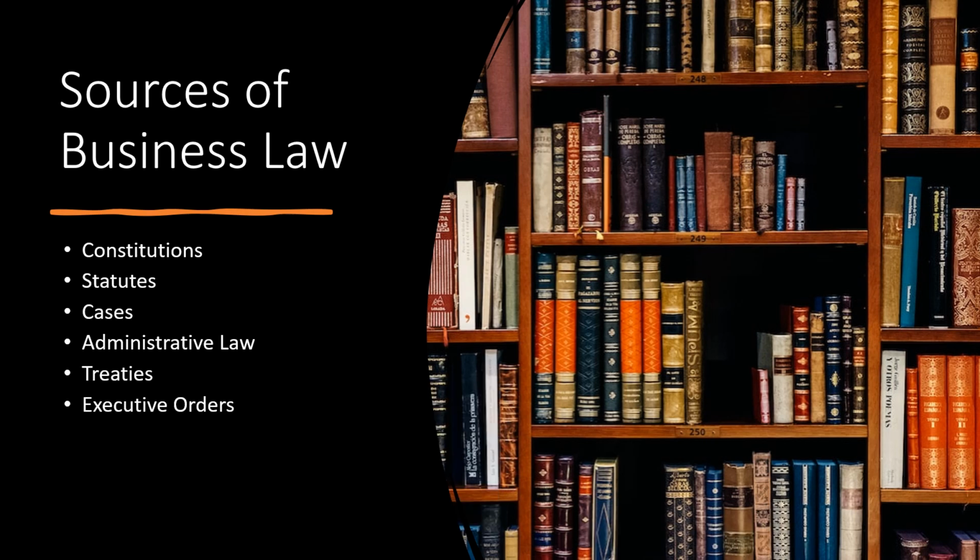Other sources of business law, we're not going to talk about these very much, but treaties and then executive orders. You might recall the executive orders have been in the news recently because President Biden, through an executive order, did away with some student loans or debt.